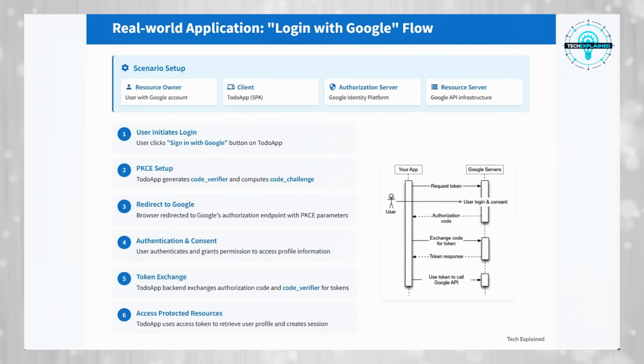To-Do app's backend server now makes a secure server-to-server POST request to Google's token endpoint, including the authorization code, its client credentials, the redirect URI, and the original unhashed code verifier. Google's token endpoint validates all this information.